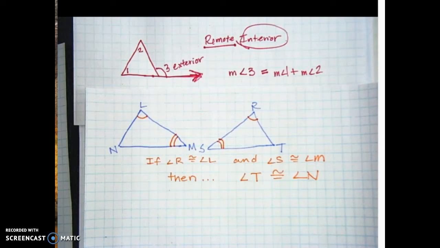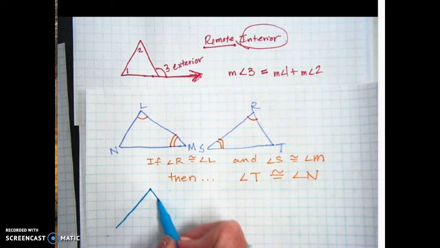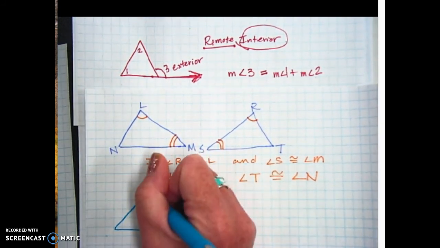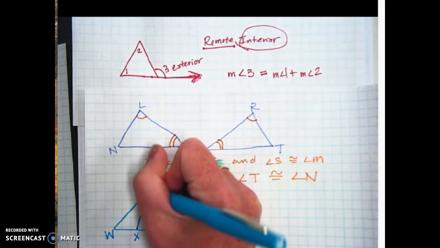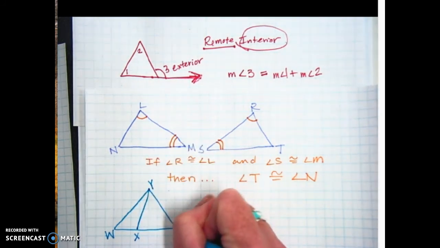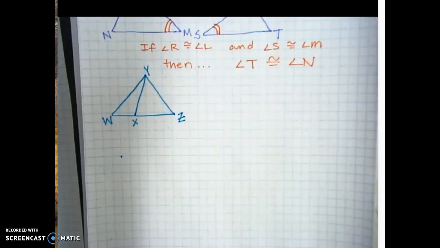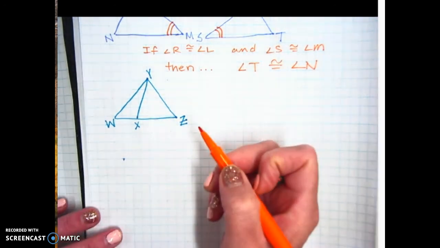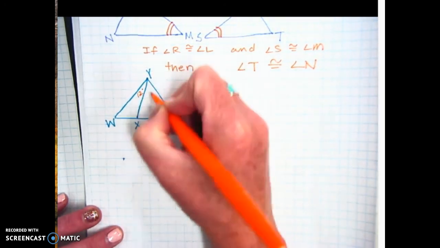All right, for example 1, we're going to have a drawing. Move that up a little bit for you. There we go. Let me give you some measurements. This angle is 12 degrees.